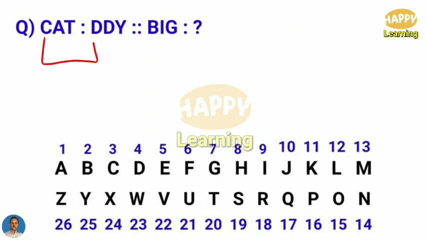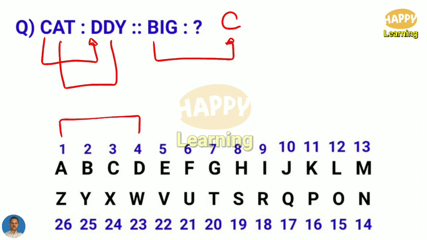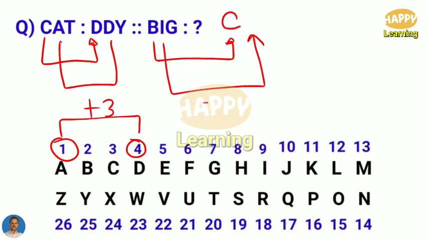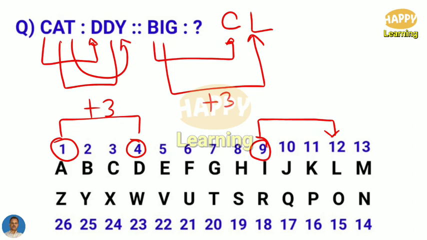So after C, the very next alphabet is D. Similarly, after B, the very next alphabet is C. From A to D means from 1 to 4, that means you are adding plus 3. So from I plus 3, I is coded as 9, plus 3 gives you 12, that means L. Then here T is coded as Y.